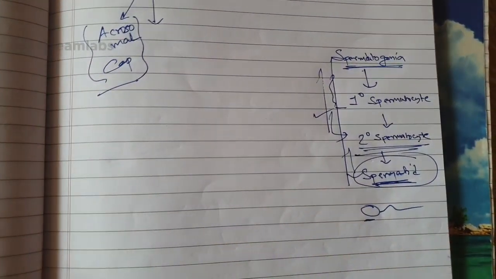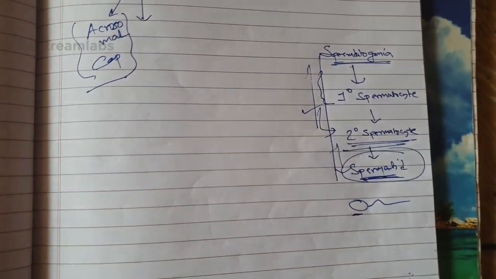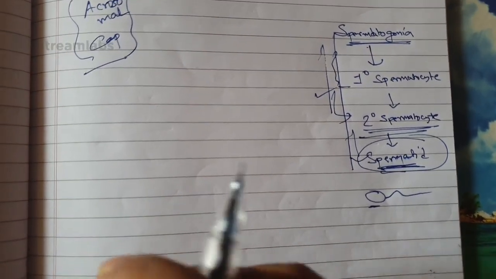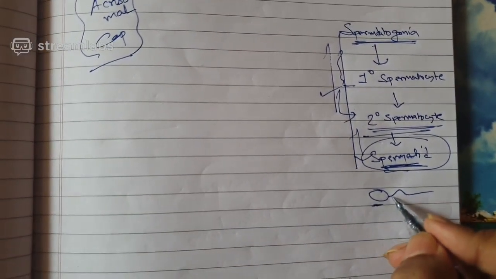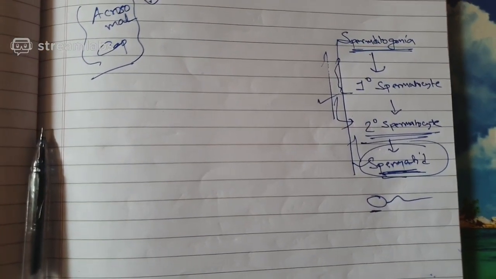The entire process is known as spermatogenesis. After spermiogenesis, the spermatid is formed inside the seminiferous tubule. Then the tail of the sperm forms in the epididymis.